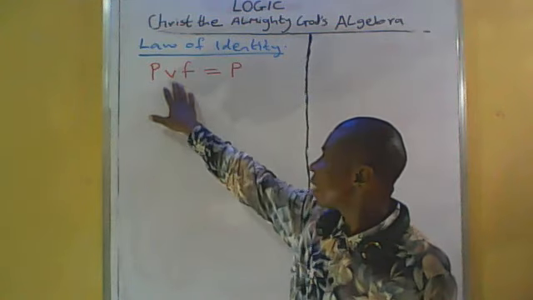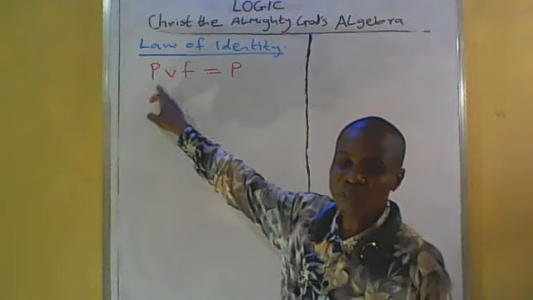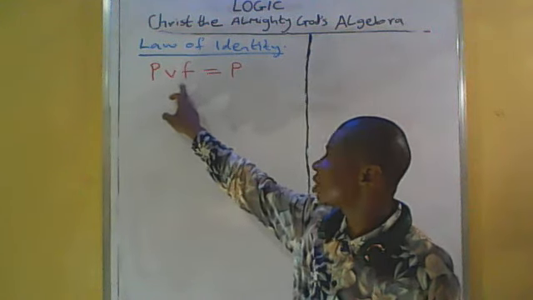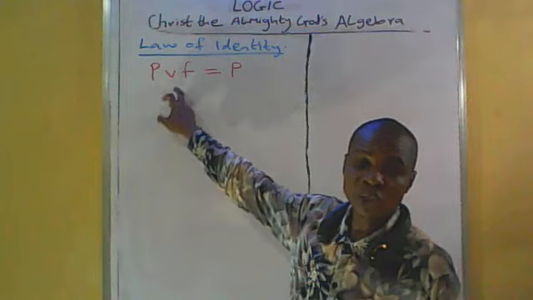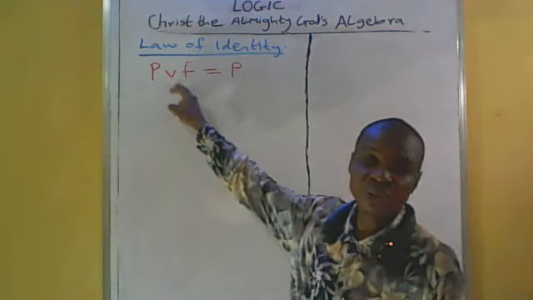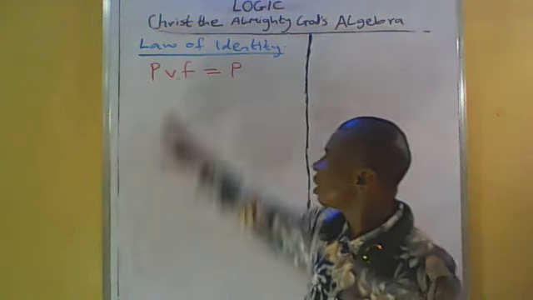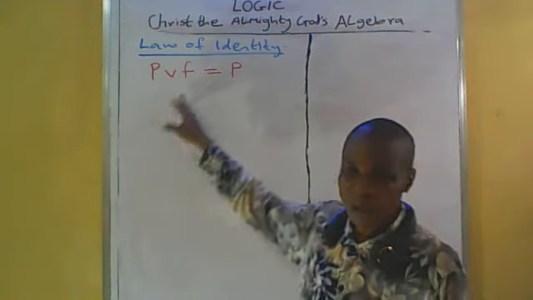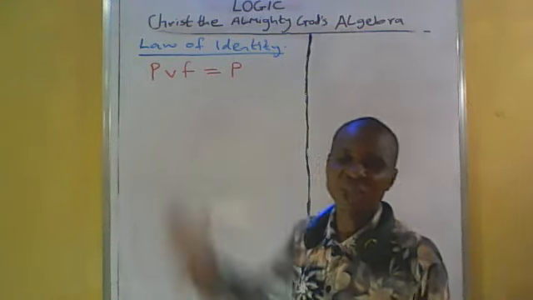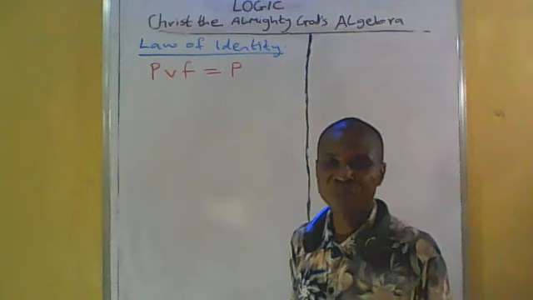By reason of this connective that combines P and F together as a compound statement, it is called disjunctive statement. So we say that it is law of identity by disjunctive statement. Let's prove the statement that P or F is equal to P.